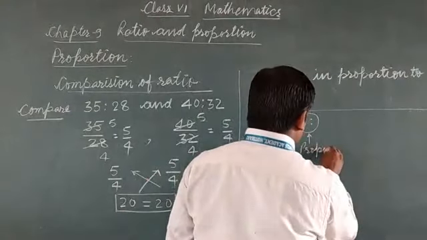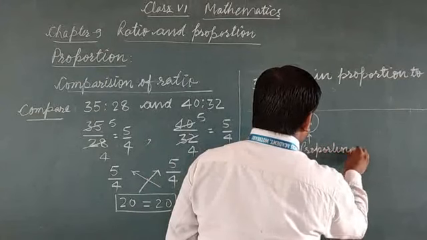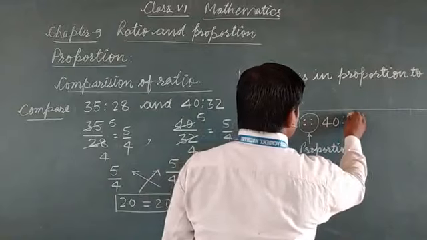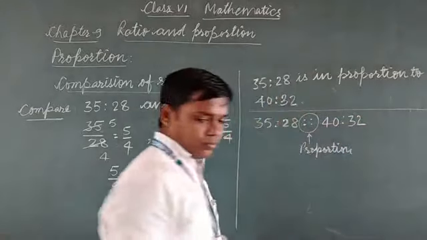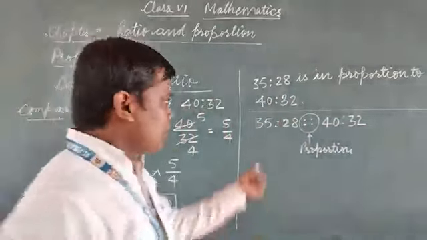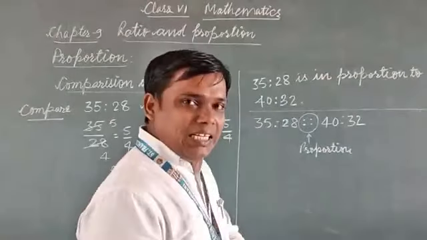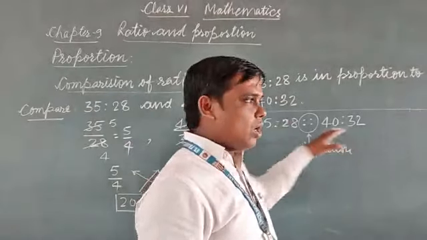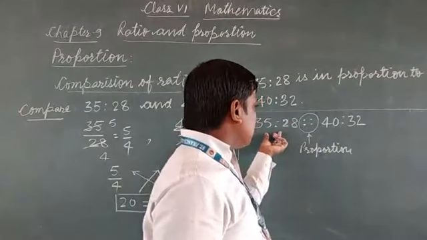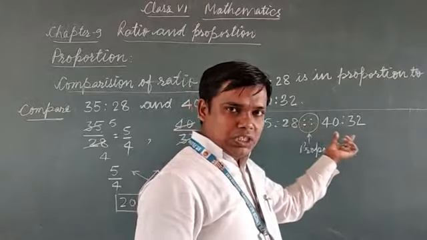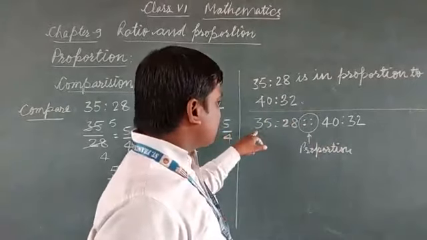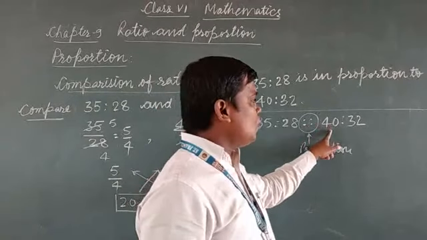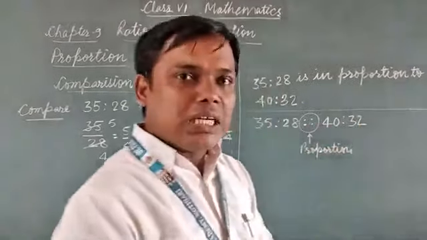And we can read this expression, or this proportionality, as 35 is to 28 is proportion to 40 is to 32.